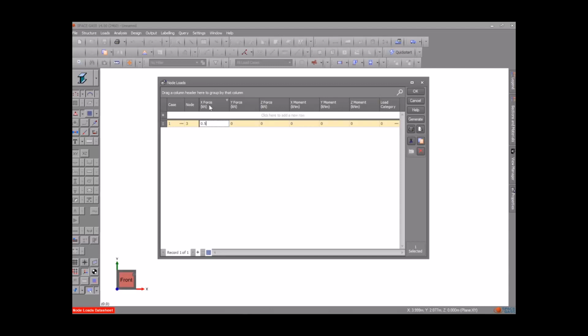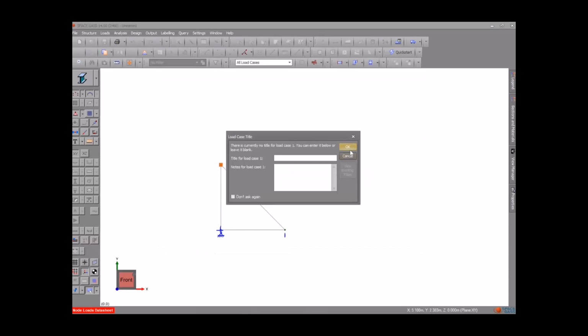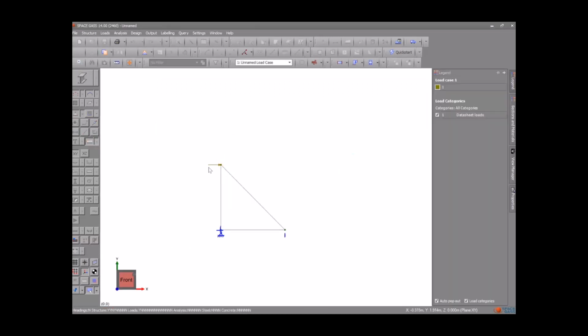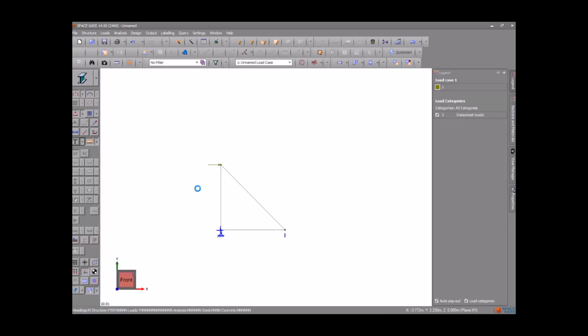The X direction is left to right. Hit OK, and you will see it going from left to right. If you can't see the force, go to diagram annotation and hit OK. It shows positive 0.5 kilonewton, which is basically 500 newtons.